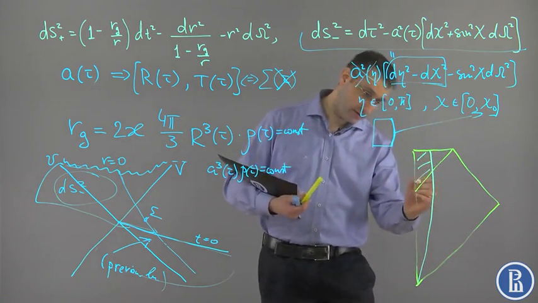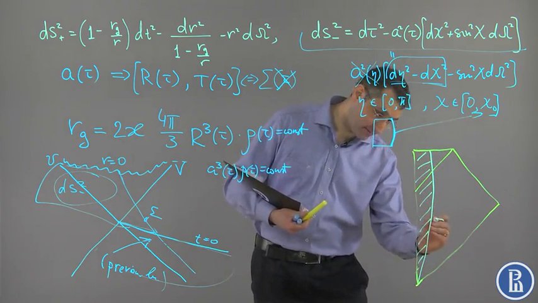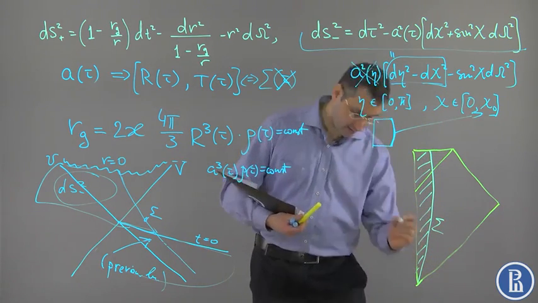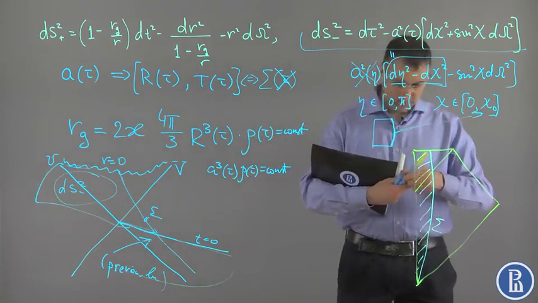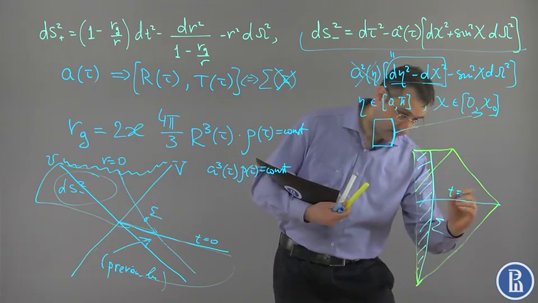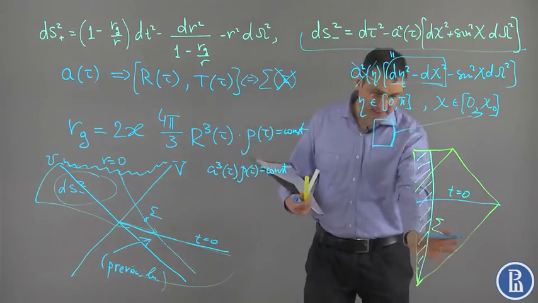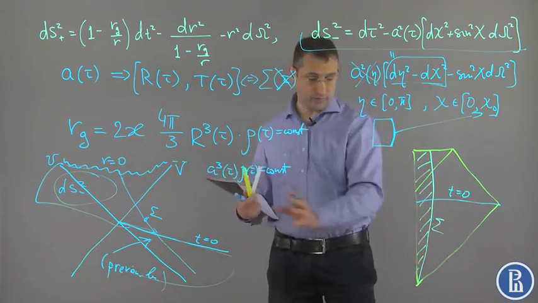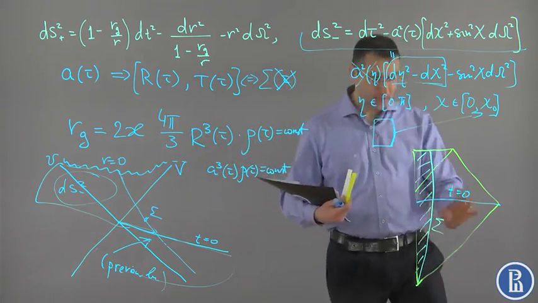This is the region inside the star. This is sigma, the surface of the star. This is the moment t equals 0. Below this region, we have the same Penrose diagram as for the star.